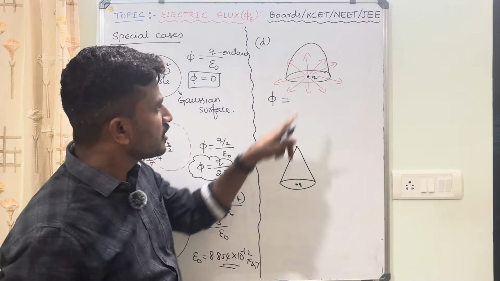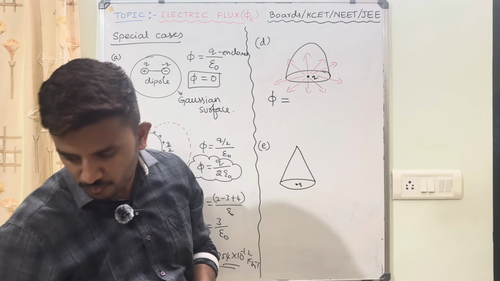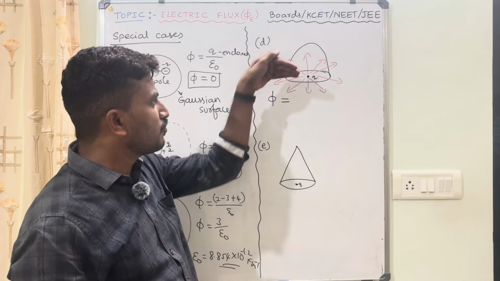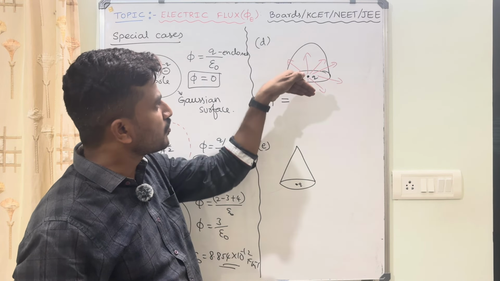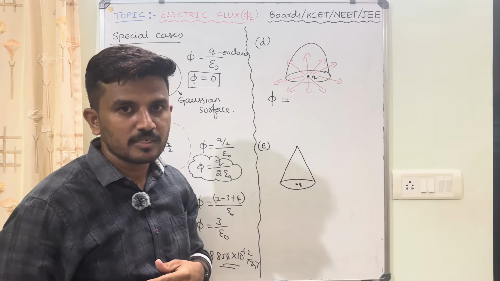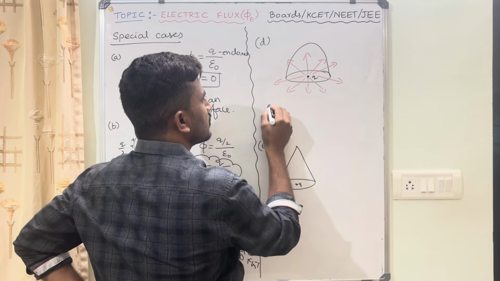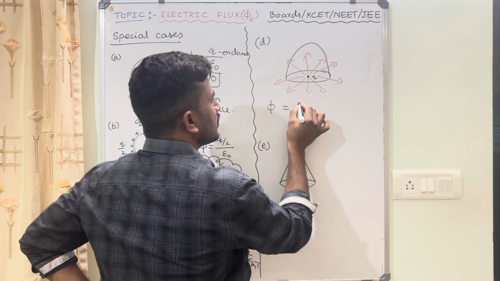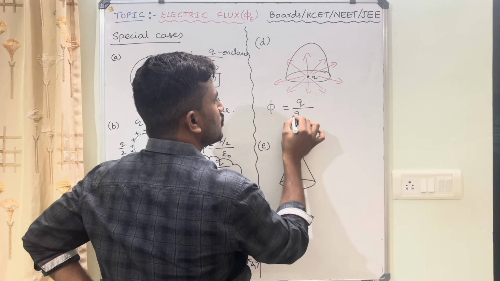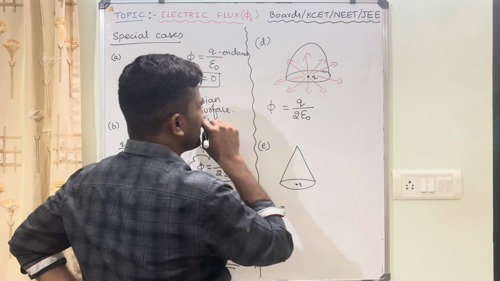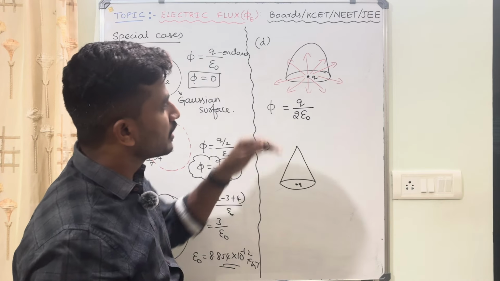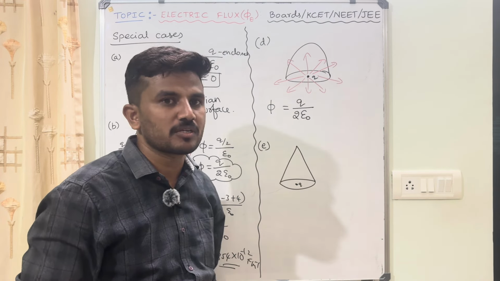If the charge is placed on its bottom surface at its center, half of the flux will go down and half of the flux will enter this. Therefore, the flux entering this hemisphere is given by q by 2 epsilon naught. We just have to divide the total flux by 2, so that half of the flux enters the hemisphere.